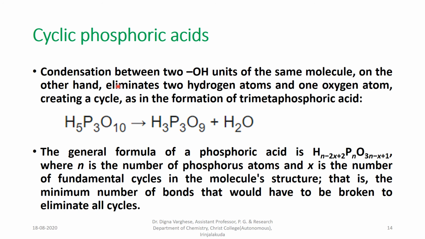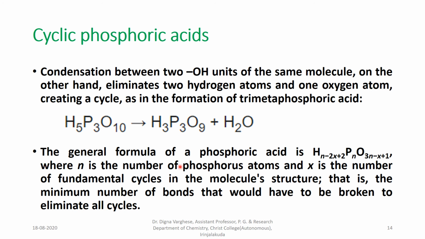Cyclic phosphoric acid: condensation between the two OH units of the same molecule eliminates two hydrogen atoms and one oxygen atom, creating a cycle, as in the formation of trimetaphosphoric acid. Here one water molecule is eliminated and it forms trimetaphosphoric acid, that is (HPO3)3, that is H3P3O9.